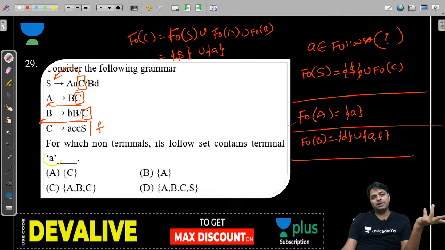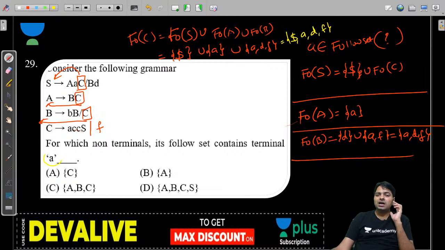Follow of A is A, and follow of B is A comma D comma F. So I'm going to just write A comma D comma F. Now as a result it is dollar A D F.